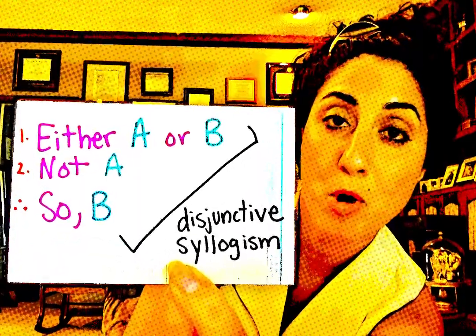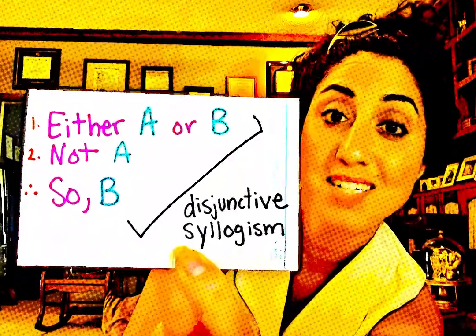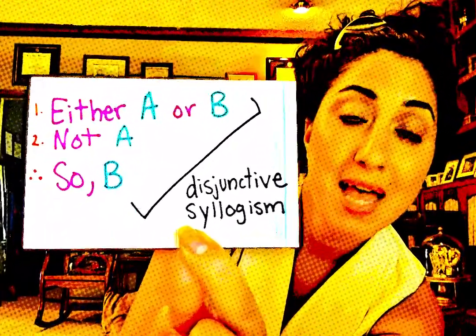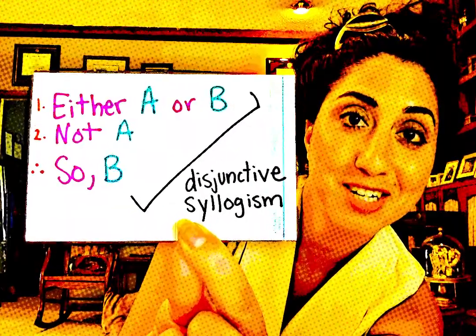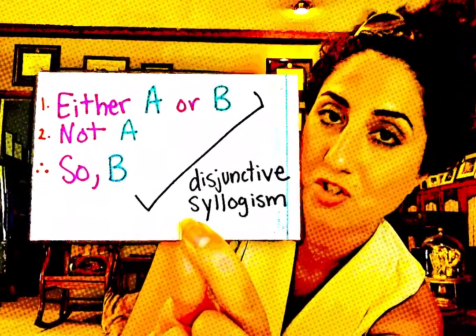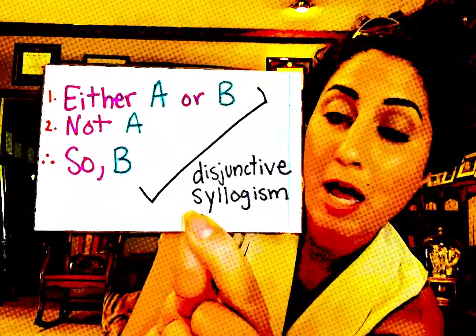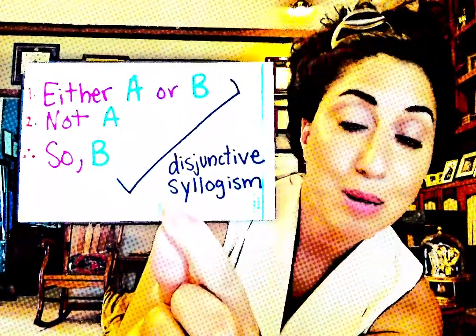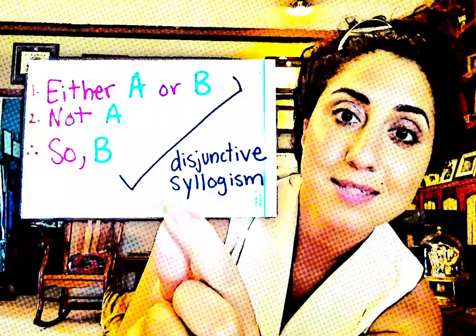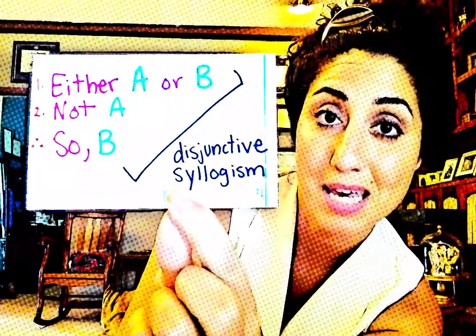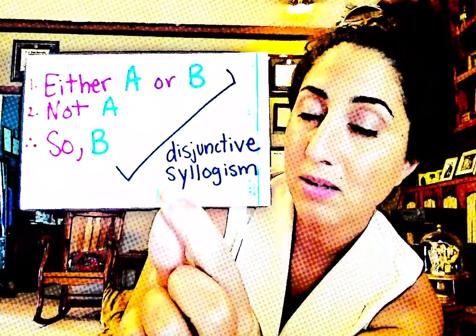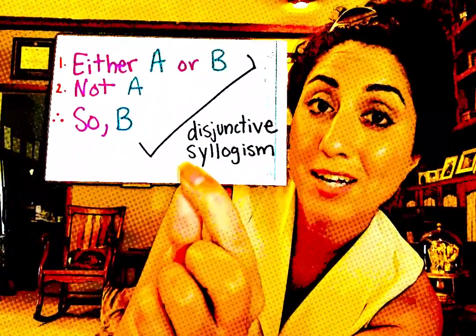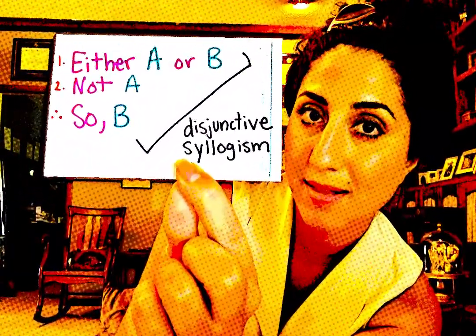Just like modus ponens, a disjunctive syllogism is a valid argument form. It has two premises that lead to a conclusion as well, although this is just in its most simple form. Premise 1 says either A or B. Premise 2 says not A, and so the conclusion is B. Now A and B, as long as you mind your A's and B's, can be plugged in with any content and it'll still be a valid argument.